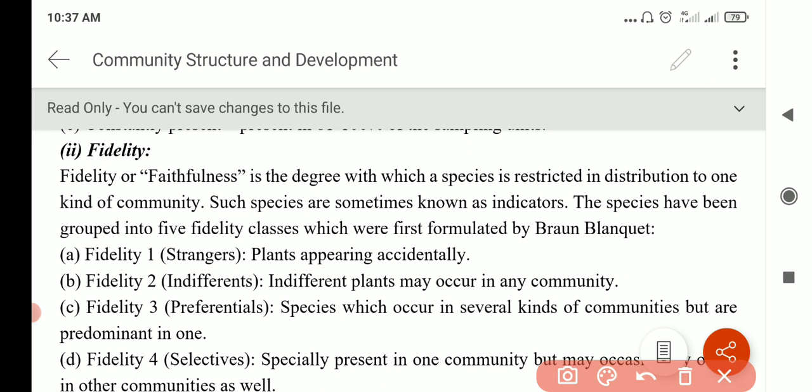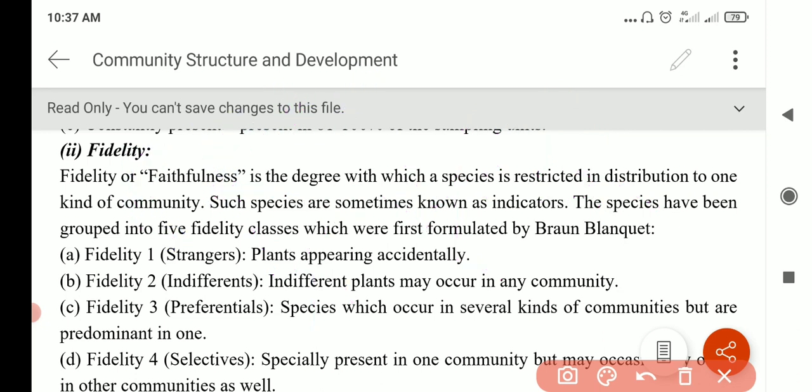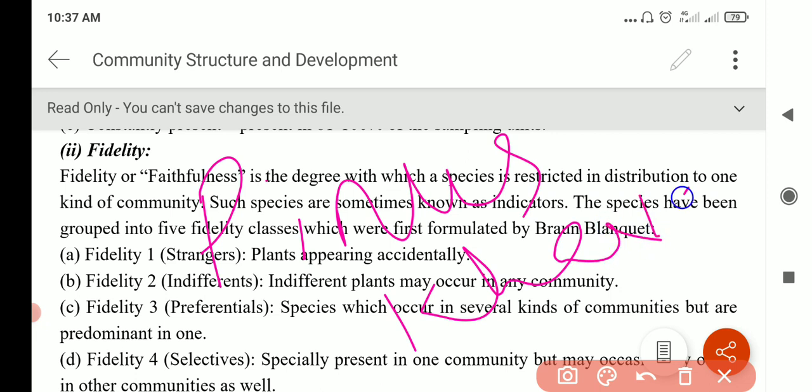For example, here in Shillong, in the hills, we find lots of pine trees. So just by looking at this pine, if it's Pinus kesiya, you know that you are in Khasi Hills and the indicator species is the pine tree.